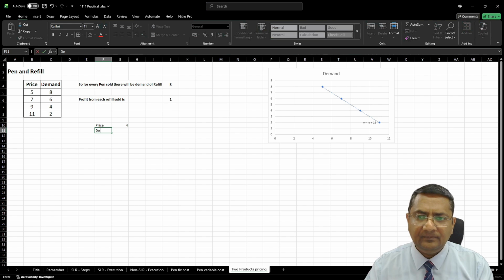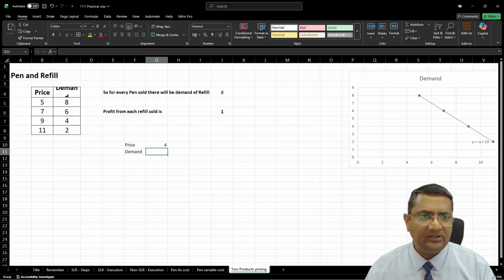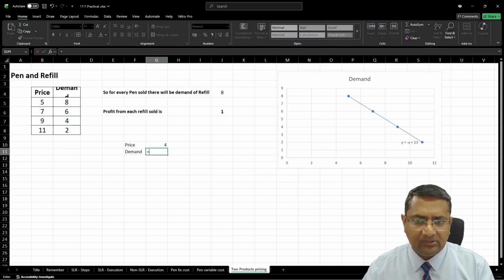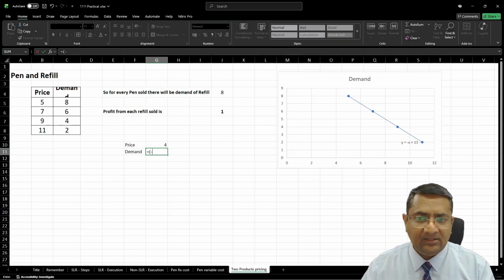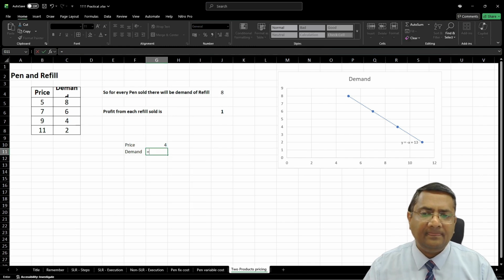So what would be demand? Demand, we have the equation. Okay, let me increase this size here so that you can understand easily. So demand is equal to, let's put all the values in the equation. Minus x means something multiplied by, sorry, this is 1. So this is nothing, means 1.